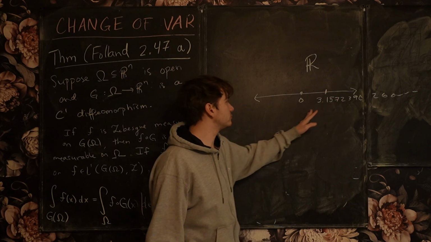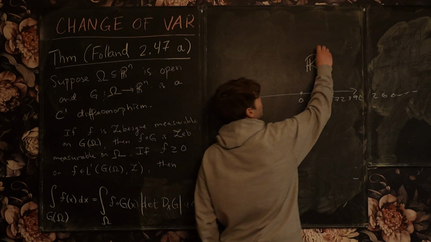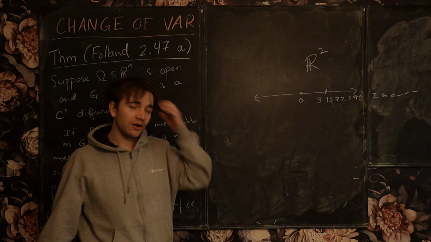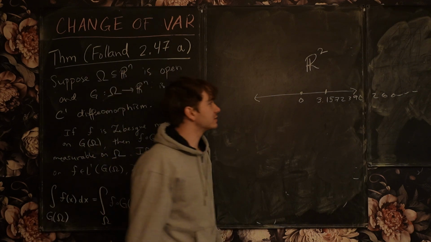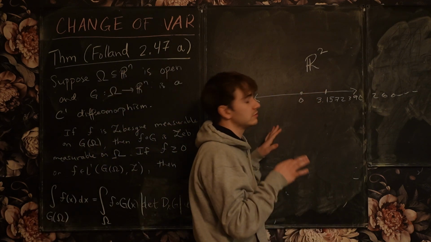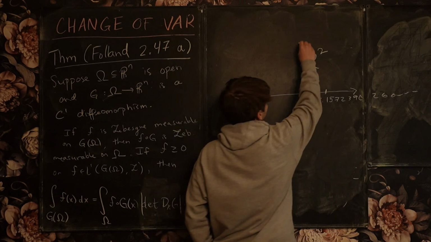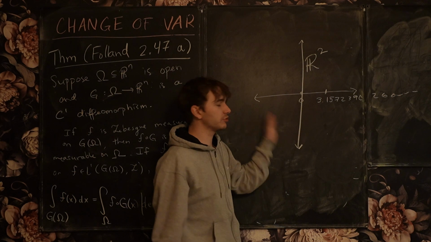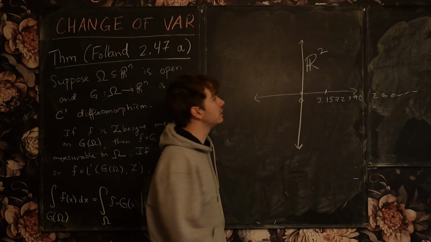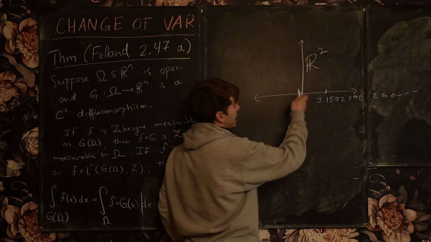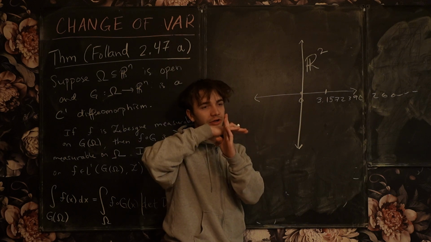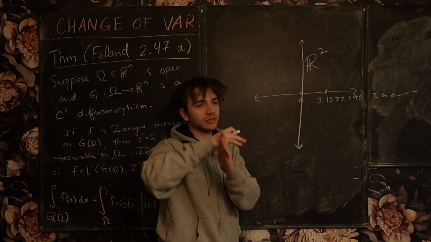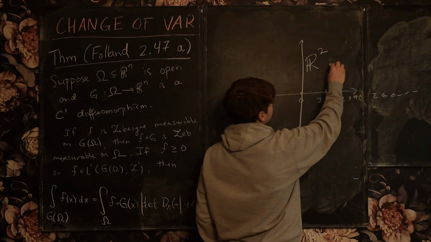Now, if I look at R2, R2 is actually two-dimensional space, a plane. I form it by taking two axes that are both copies of the real line, and then I stick them together with something called the Cartesian product, and I get an entire plane.